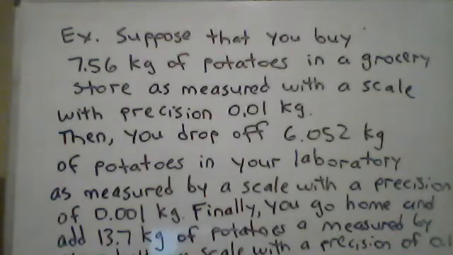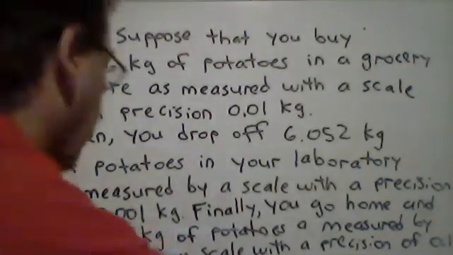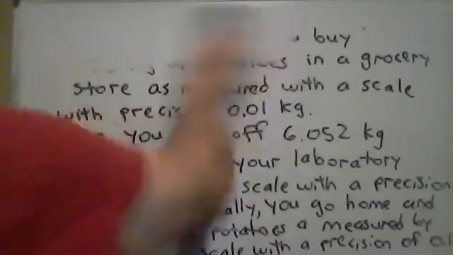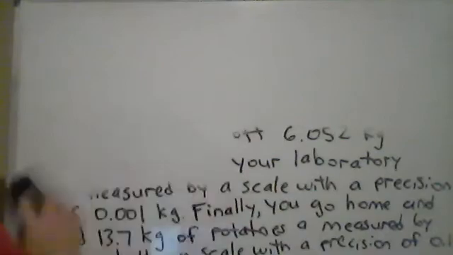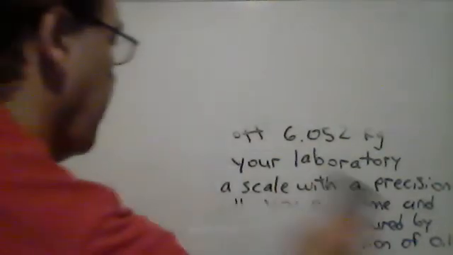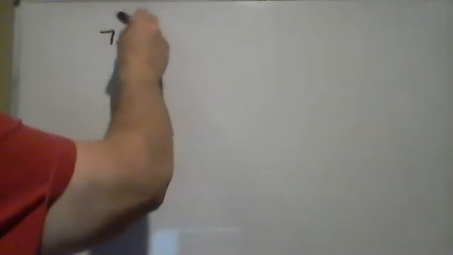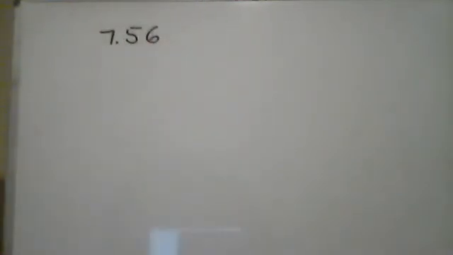All right, so let's write this in terms of mathematics. So again, you have additions and subtractions, but all 3 of your values have a different precision. So how do you do this? Well, start out by saying, okay, you have 7.56. Let's be careful with our arithmetic here. That's where I'm starting off.